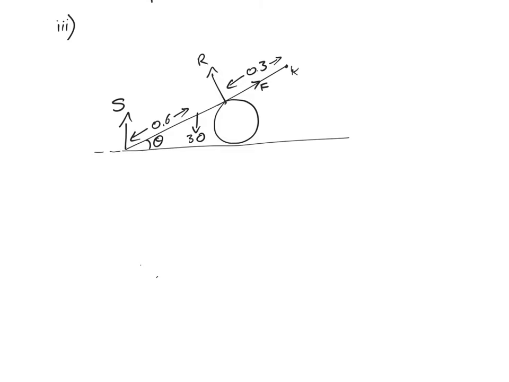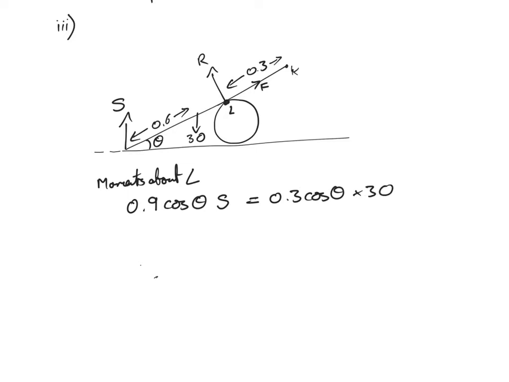So let's call this point L again. Moments about L. So 0.9 cos theta times S equals 0.3 cos theta times 30.